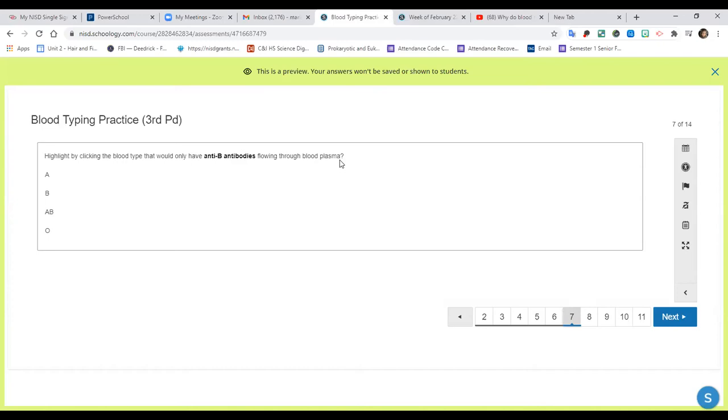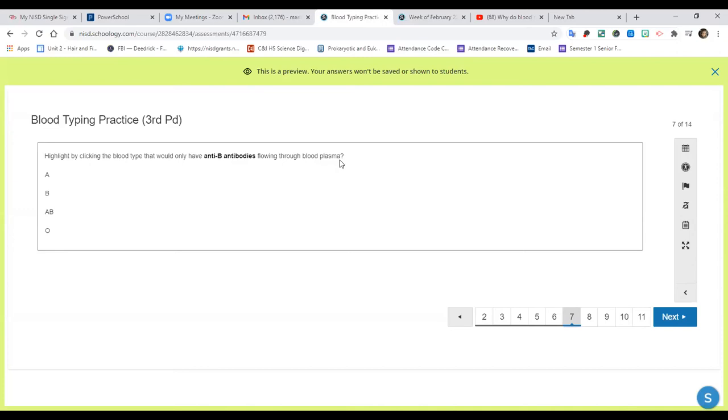Again, antibodies reject foreign antigens and attack them, potentially clotting the blood. So it's against it. Why? Because it protects the red blood cells.